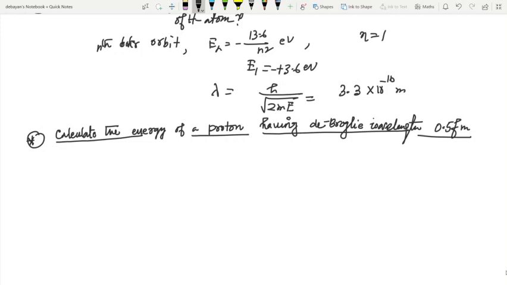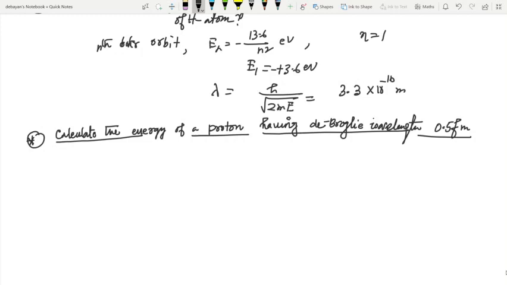That cannot be possible, the velocity cannot be greater than the velocity of light. Therefore we have to consider it a relativistic case. In the relativistic case, first we find the momentum, p is h by lambda.